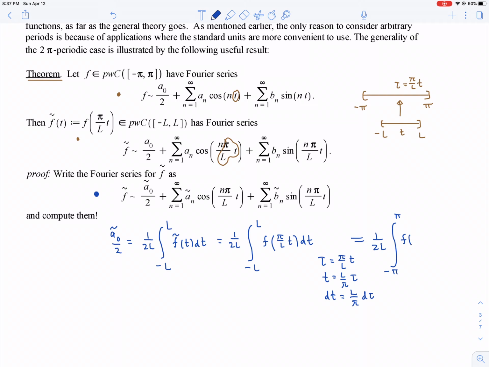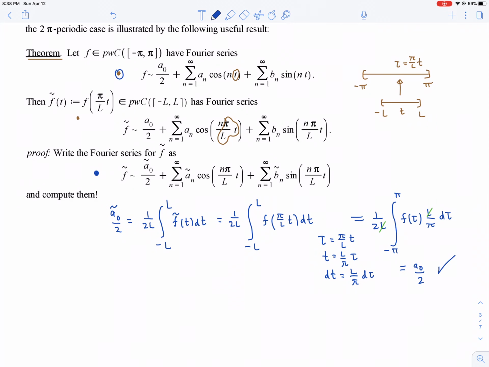This is f of tau. dt is L over pi d tau. The L's cancel. And you get the formula for a naught over 2, which is 1 over 2 pi times the integral from minus pi to pi of f of tau d tau. Right? The formula for a naught over 2 for the 2 pi periodic function.